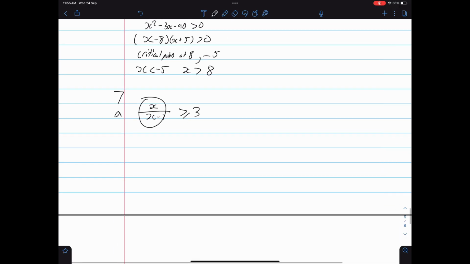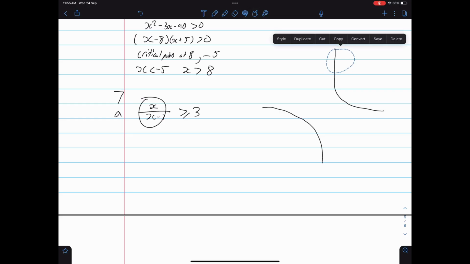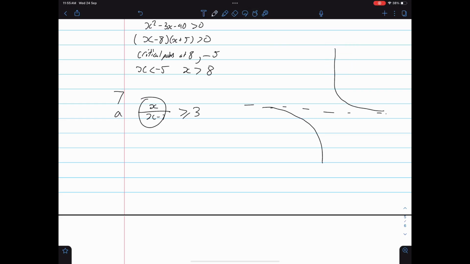This on a graph in general has this reciprocal shape, and I've drawn this very poorly, it's got an asymptote horizontally and vertically.